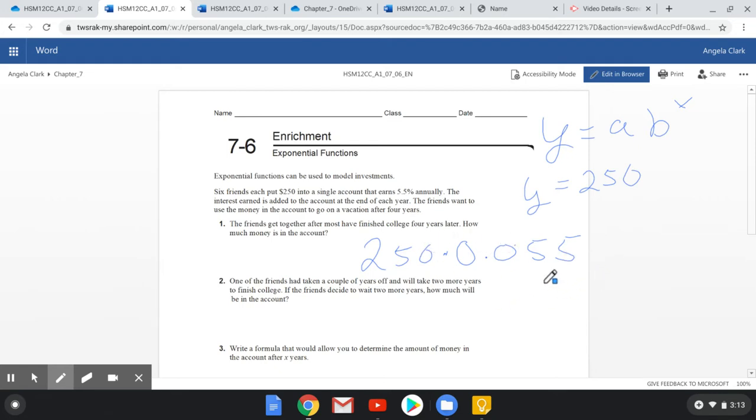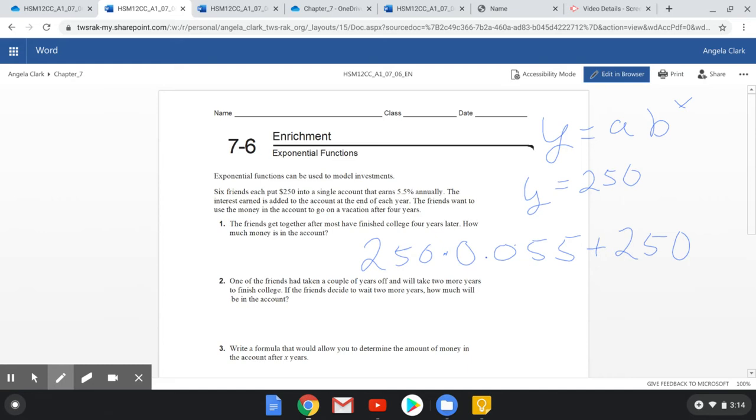Then to figure out how much I have in my account, I have to add whatever the interest was to the initial amount. Okay. So I'm going to demonstrate this. You're not going to have to do this each time. I'm going to show you a shortcut.